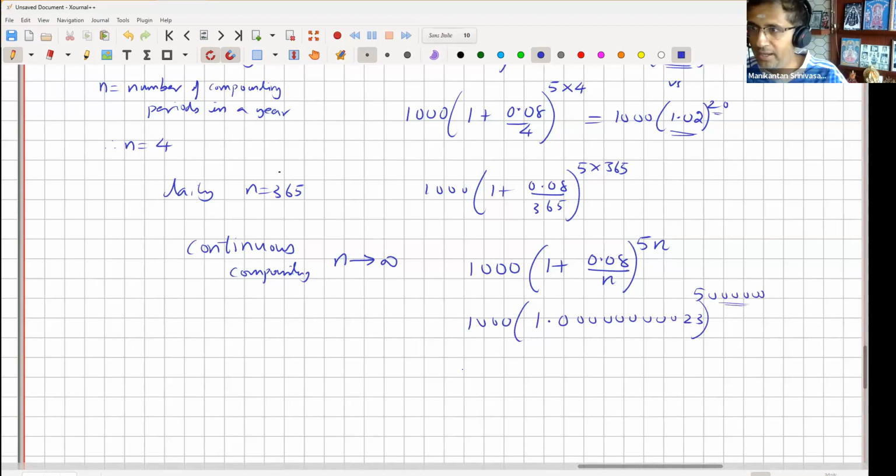Obviously, this will also be a normal finite value. It won't be a very big number because the base is very, very close to 1, but slightly more than 1. But the power is a huge number, so there's some compensating factor. But this is the one that will give you the maximum amount, and hence the maximum interest.